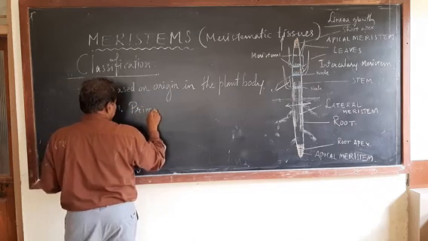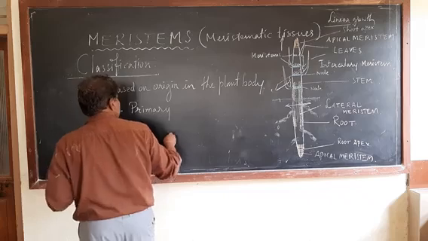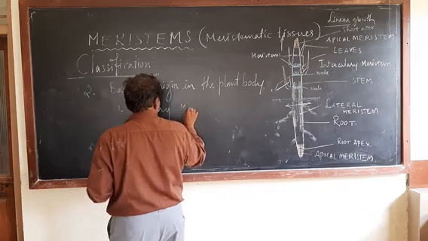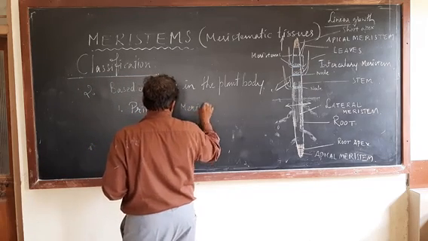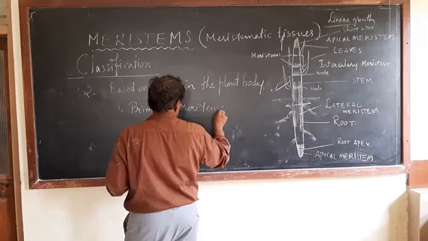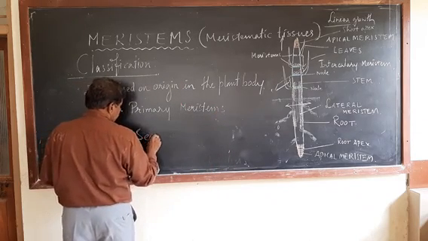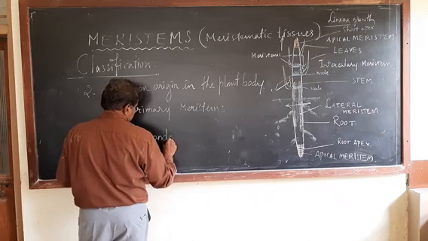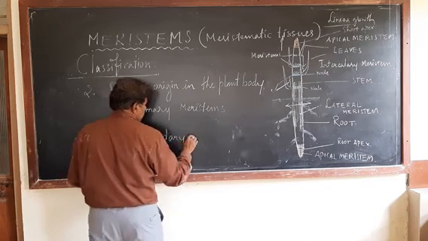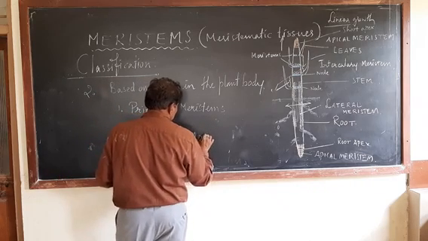The very first kind of meristems are usually referred to as primary meristems. The second type of meristems are called secondary meristems.